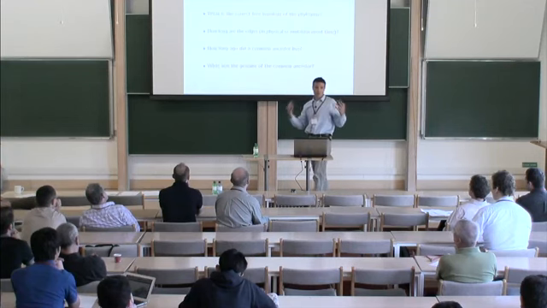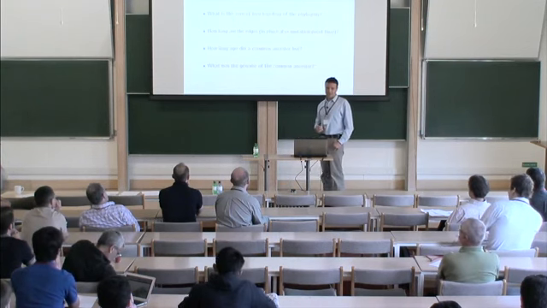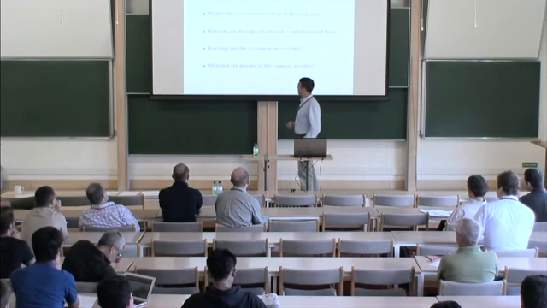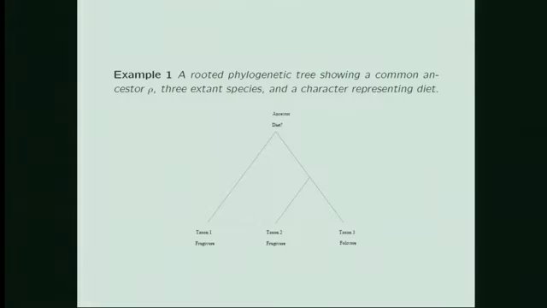What is the correct topology of the phylogeny? So who's related more closely to whom? And how long are these edges in terms of physical time, or maybe mutation event time? And how long ago did the common ancestor live? And can you reconstruct the genome of the common ancestor? And of course, these are not questions that are mathematically well posed, but you can set up models under which they become mathematical problems, and there are many different models.